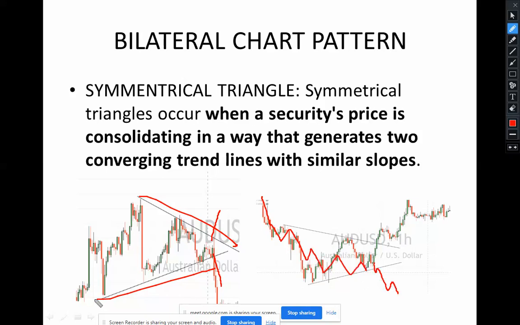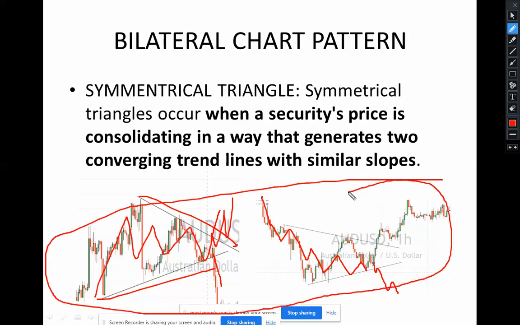If this kind of movement occurs, the market might decide to break the upper side. So it's just neutral. What we have to do is wait for the price to break either way, maybe the upper side or the lower side. So this is how we trade symmetrical triangle.